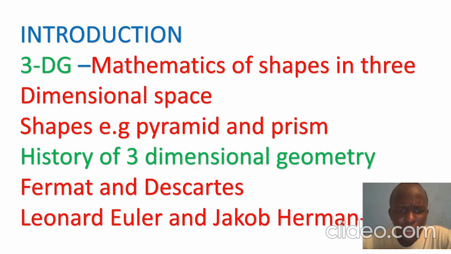But their work was developed by Swiss mathematicians Leonhard Euler and Jacob Hermann around 1730, where these guys were doing what is known as analytical geometry, and they developed concepts that are very important in three-dimensional geometry.